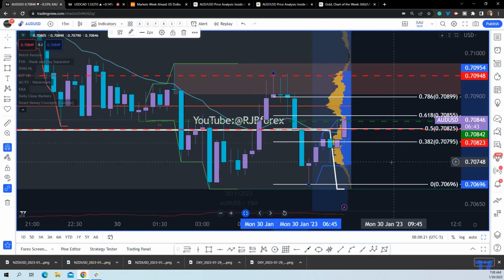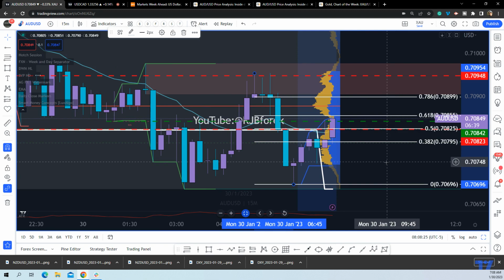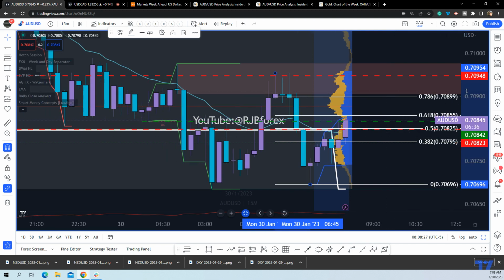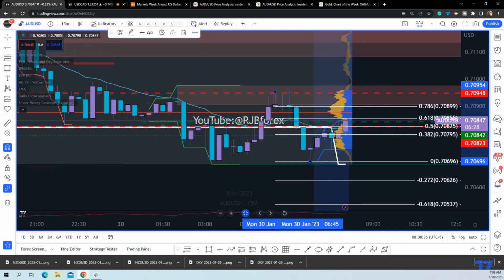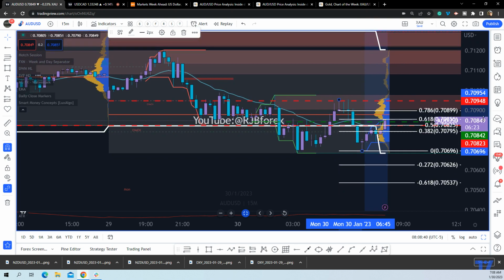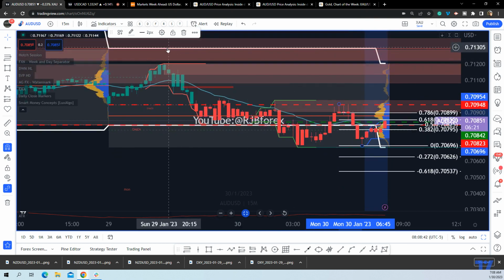Eight o'clock New York, an hour and a half before the cash open. We're looking for it to roll back over. We talked about 71.30 being a resistance area. So we came up to 71.20, sorry, 71.30, came up to 71.20.